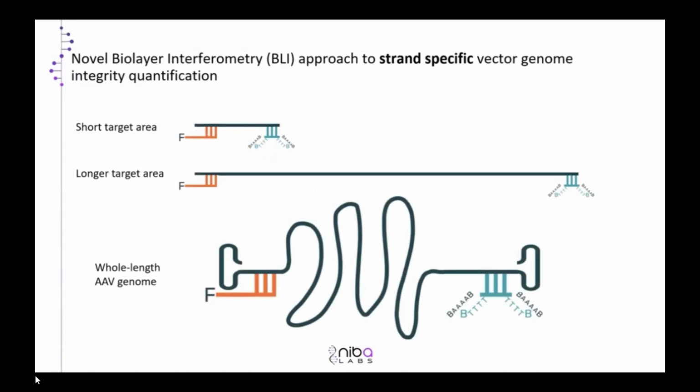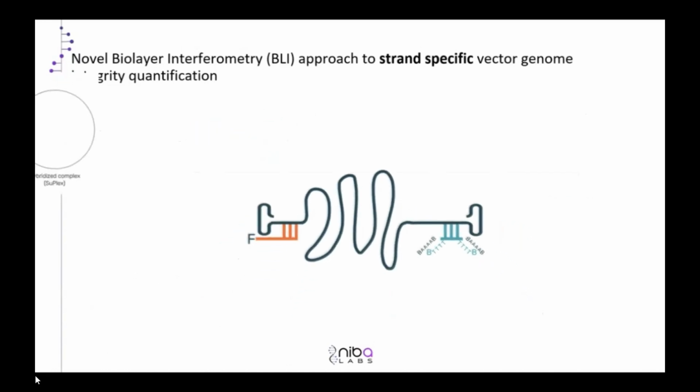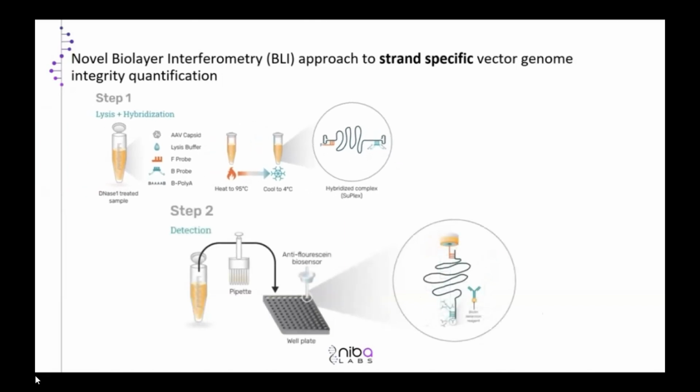And actually, this approach was just transferred to the steps that we already have. So the lysis, hybridization, detection, everything was the same, just the position of the oligos. So the oligos were different.